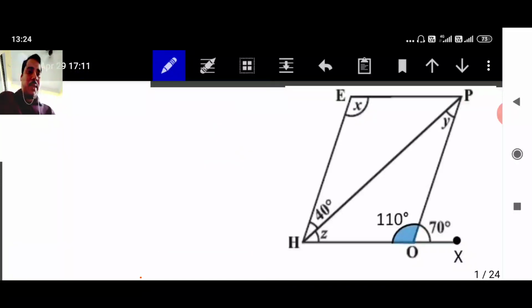Student, it is given that HOPE is a parallelogram and this angle is 70 degrees.